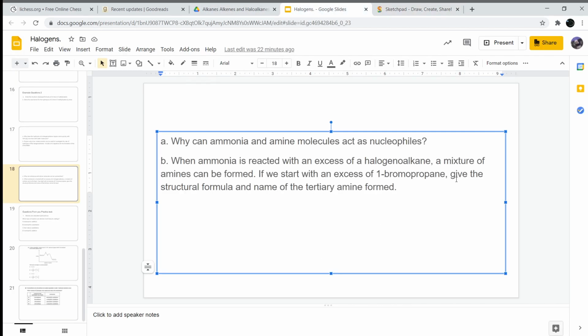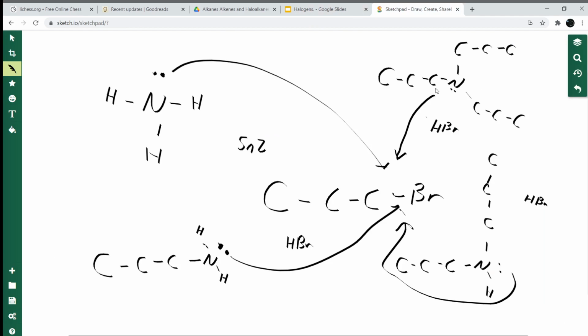Luckily, it asks us to just go ahead and name this last one right here. And we could go ahead and say that it's dipropyl, because we're going to have 2 propyl groups, and then it's propanamine.